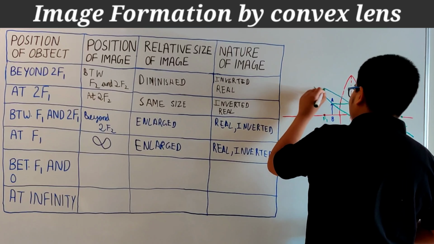Now, as I told you earlier also, for infinity case we always use only the first rule and we can draw n number of rays and all of them will meet at the focus. So we are using the first rule, which says that if the incident rays are parallel to the principal axis, then on refraction, this will be the case.